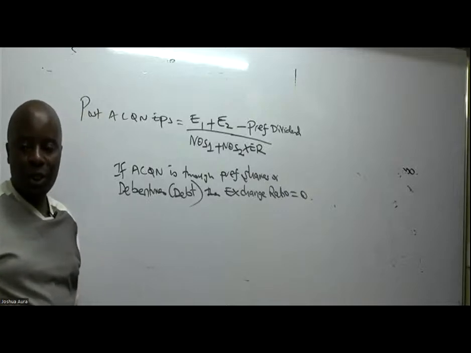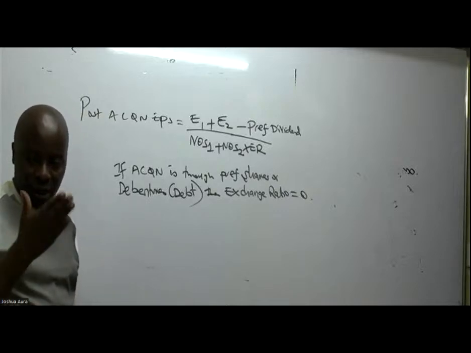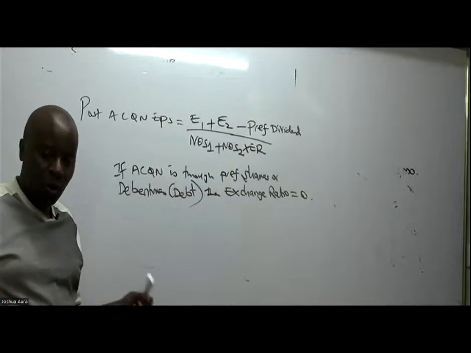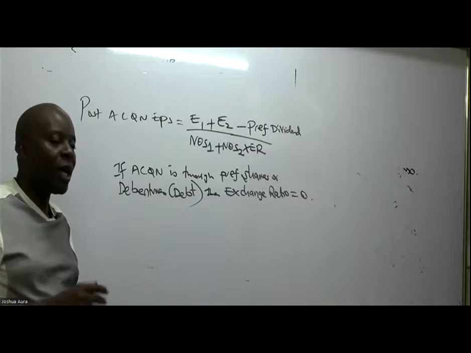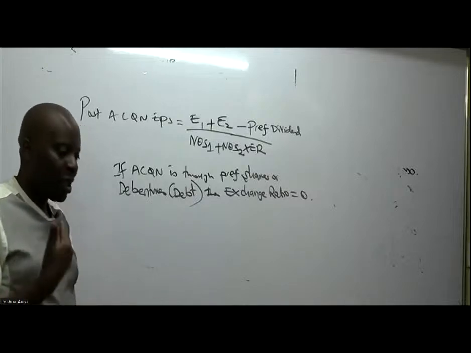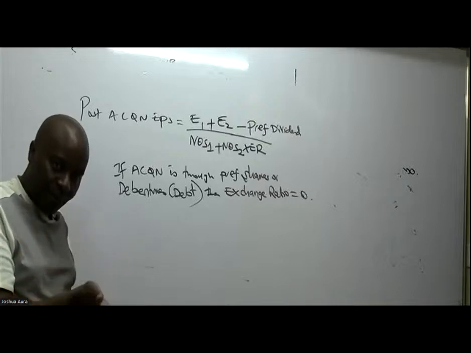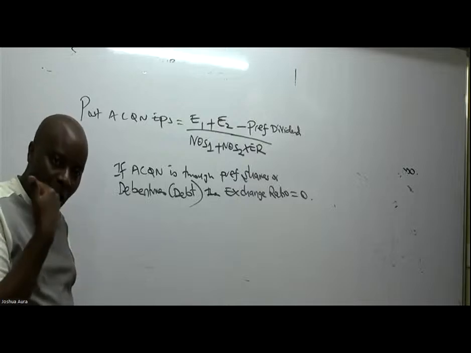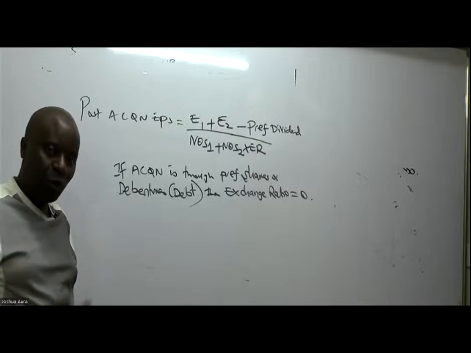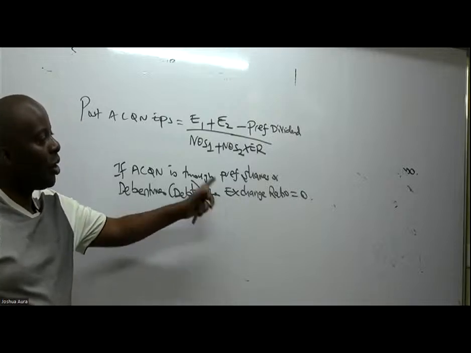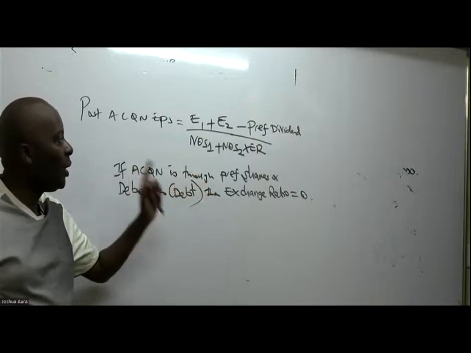Whenever acquisition is through preference shares or debenture capital, that for us to have acquired a firm, we either gave out our preference share capital, right? Or we gave out debt instruments to be able to acquire a firm. Then the exchange ratio automatically will always be equal to 0.